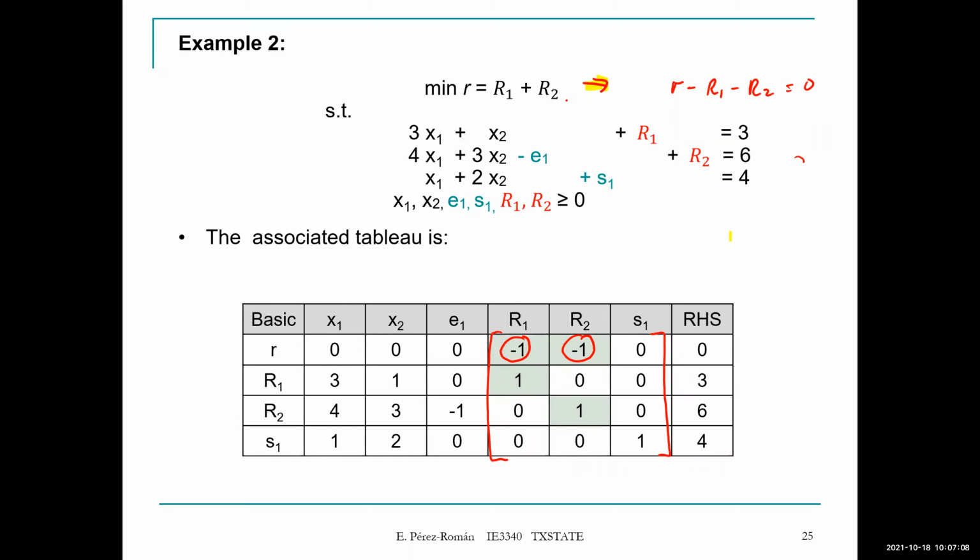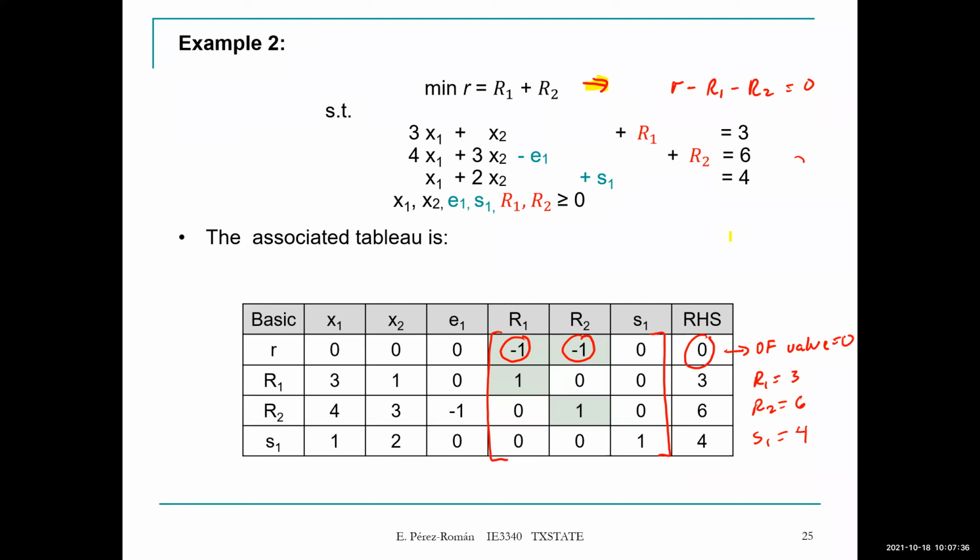R1 equals 3, R2 equals 6, S1 equals 4. That is not consistent with this objective function, right? Because the objective function value is here. This is the objective function value at this point.